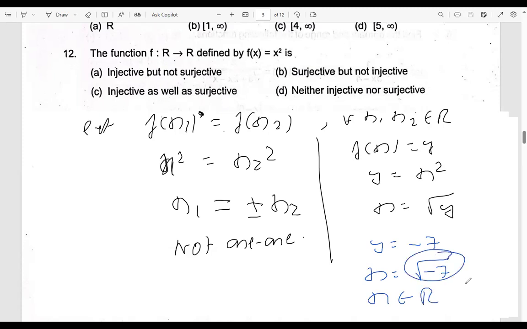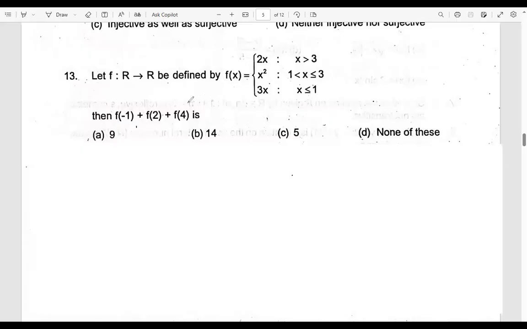So we say it is neither one-one nor onto, that is, neither injective nor surjective. So D is the correct answer for this part.